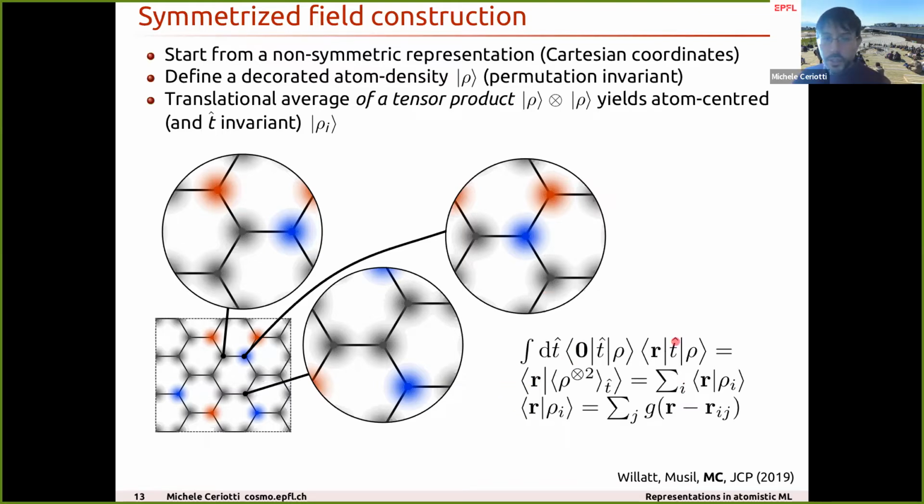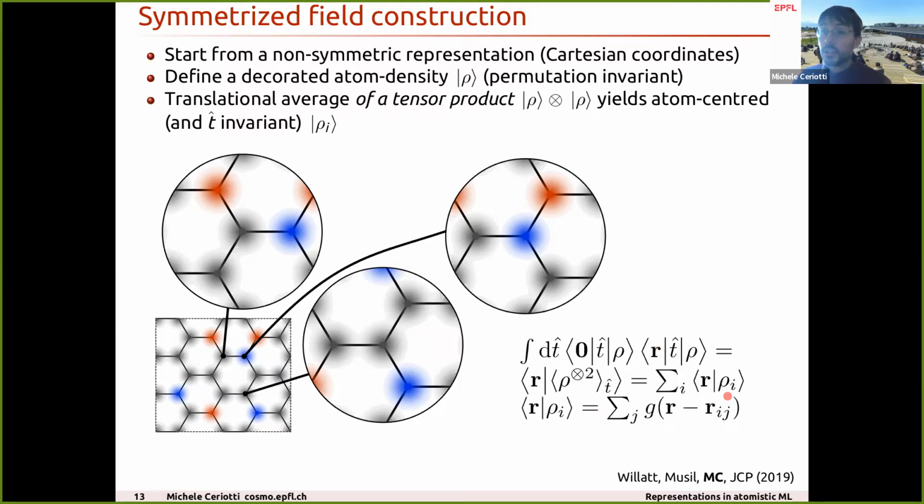So with this symmetrization, we achieve 2 goals. First, we get a description of the structure that is invariant to translation, because we have just summed over the translations. And second, we get a description of the structure as a whole that is expressed as a sum of atom-centered terms. So an additive decomposition emerges as a natural consequence of symmetrizing over translations.